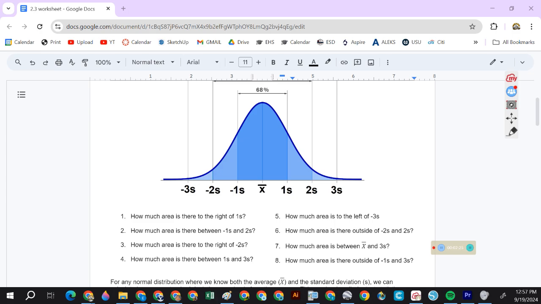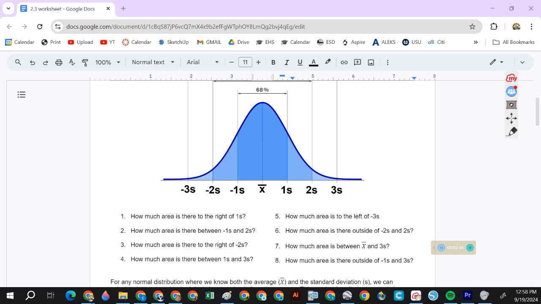So if you don't understand this worksheet, please ask questions. Because if you don't get this, you're going to be in trouble the rest of the year. Now, the nice thing is, once it clicks, you can use that knowledge forever in this class. It's pretty much not going to go away.